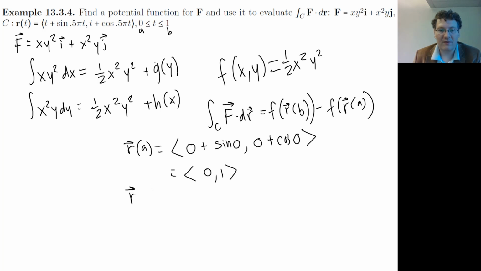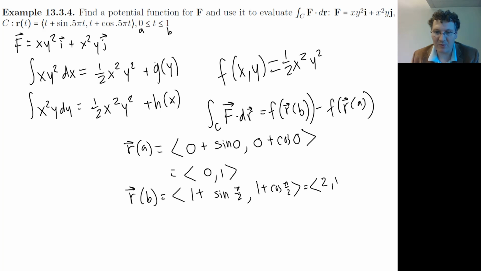And r of b, this is going to be 1 plus the sine of 0.5 times pi over 2 times 1. That's going to be pi over 2. And then we have 1 plus the cosine of pi over 2, which is going to be, the sine of pi over 2 is 1, so it's going to be 2, 1.